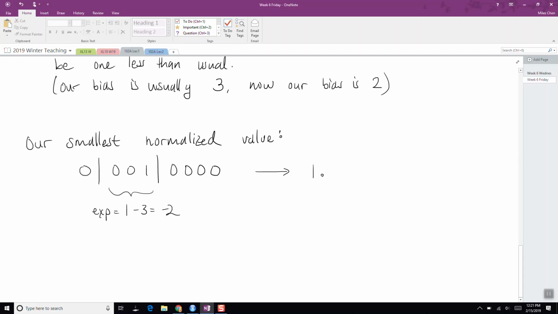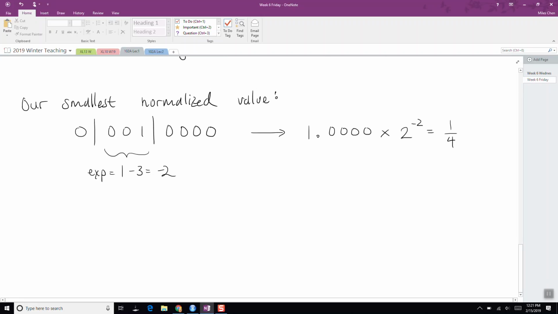And this is 1.0000 times 2 to the -2, and I have 1/4, okay? So let's think, what's the largest value that I can represent that's smaller than this value? What's the next biggest number I can represent? We will have to enter into denormalized mode, right? Because this is the smallest value I can represent where the exponents are not all 0.